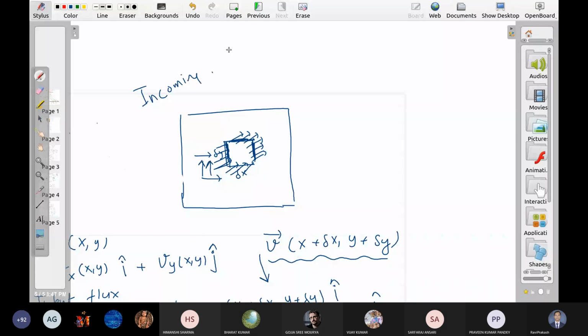It has to be Vx del Vx over del y, and it is delta y, which is the same term which is like this.